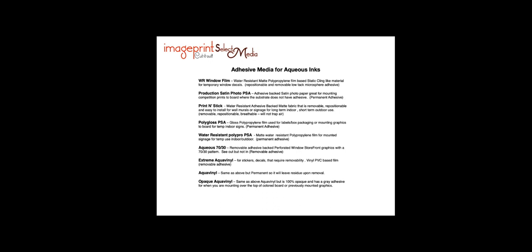Those are the most popular, of course, in our customer base. Everything from window film to even adhesive photo paper, repositionable peel and stick, polygloss, water resistant polypro, you name it. There's just about something for every application.